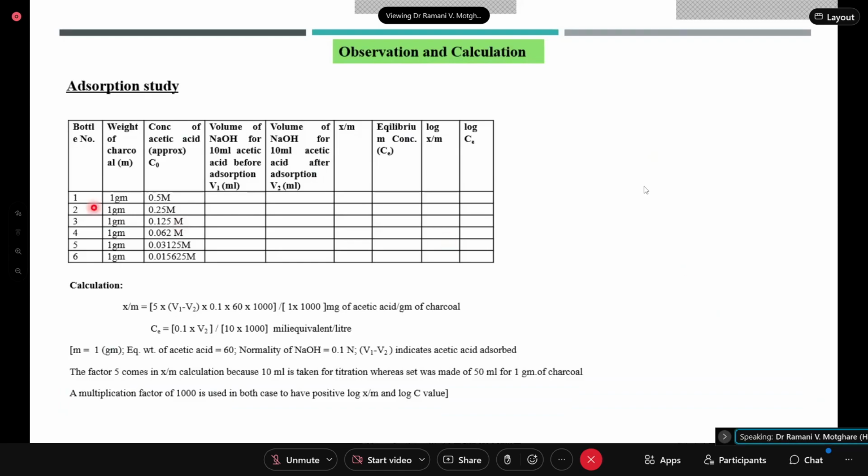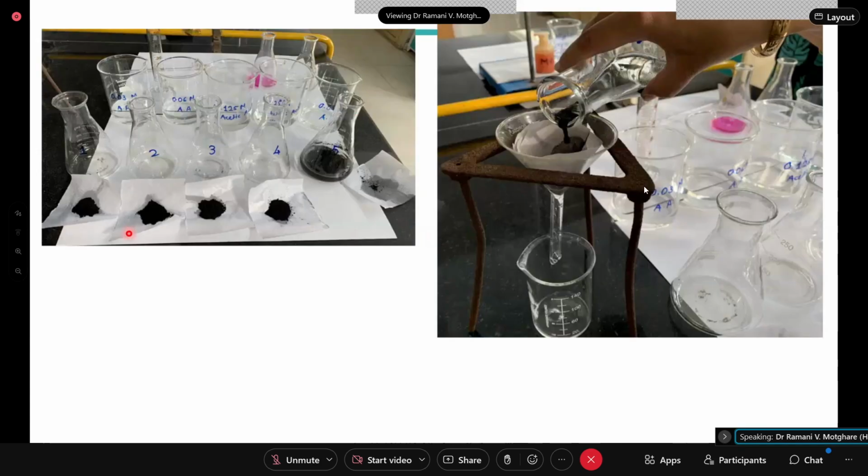So for determination, what is done? Five conical flasks are there. You have five concentrations of acetic acid. Now for each conical flask, you first weigh 1 gram of charcoal and transfer 1 gram of charcoal to each conical flask, which is labeled as 1, 2, 3, 4, 5.